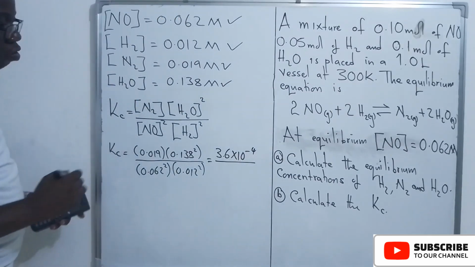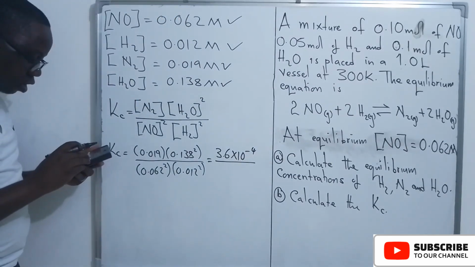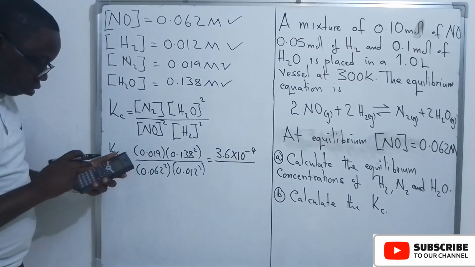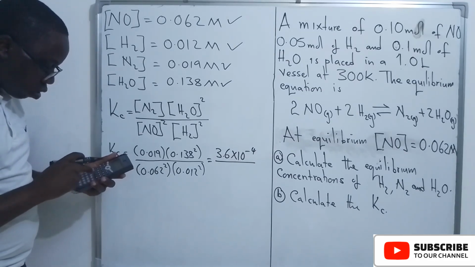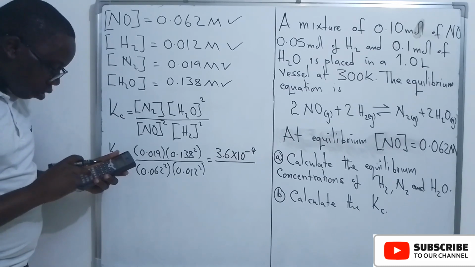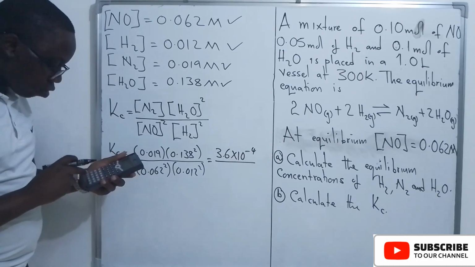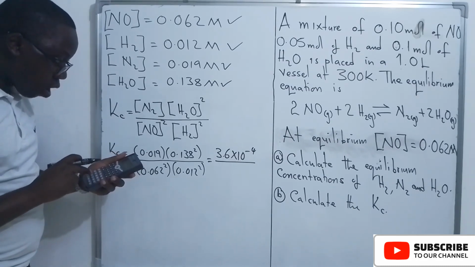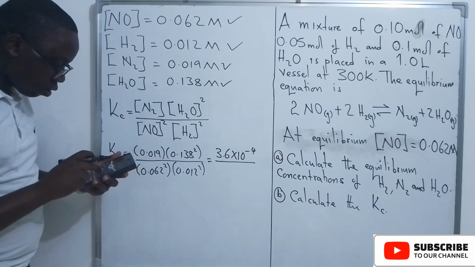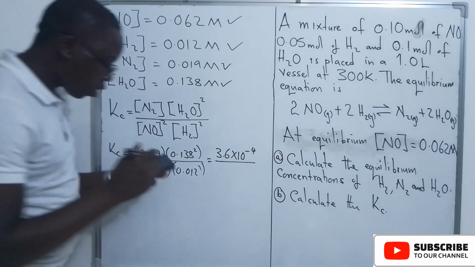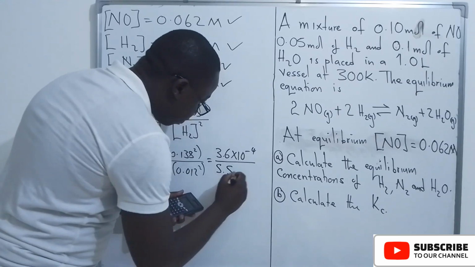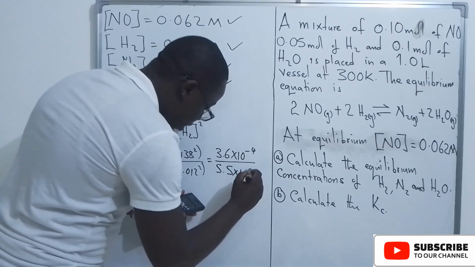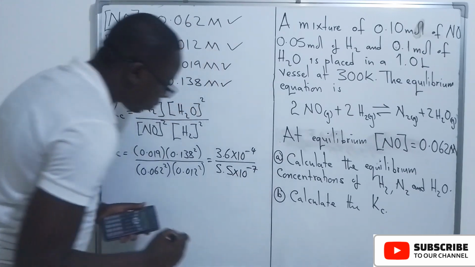Dividing what is on the denominator. So what is on the denominator is 0.062 squared. Then multiplying it with 0.012 squared. What is the answer? It is giving me 5.5 times 10 to the power negative 7.